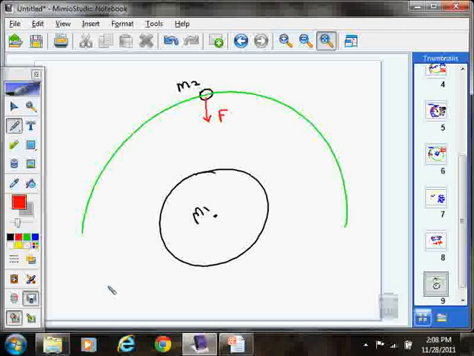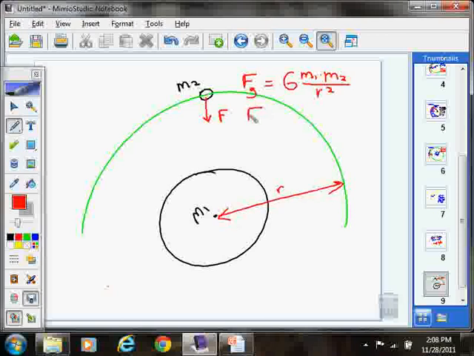I always just start off with this, and I remember the three expressions, because you have to know those three anyway for describing that inward force acting on M2. I know that that force right there is Fg, which is big G M1 times M2 all over R squared, where R goes from there to there.